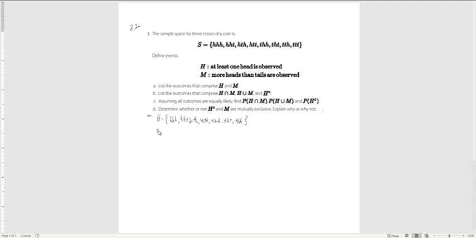Okay, then M is going to equal more heads than tails. Of the 3 tosses, more heads than tails means I have at least 2 heads. So anything with at least 2 heads is more heads than tails.